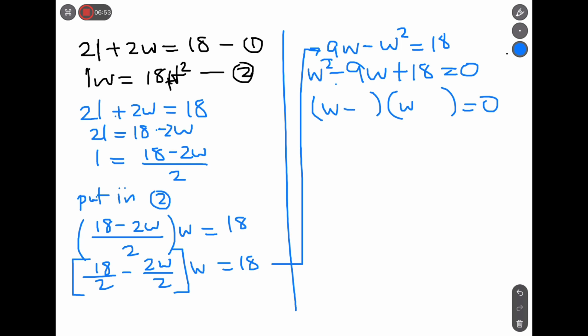Those two values are minus 6 and minus 3. And just to test it out real quick, this would turn out to be W squared minus 3W minus 6W plus 18, which is W squared minus 9W plus 18. Yep, that proves itself out.